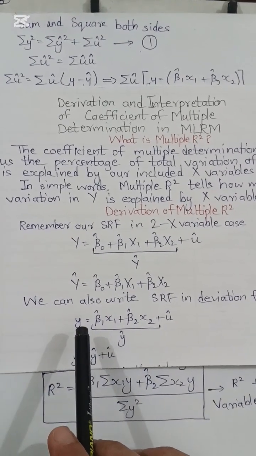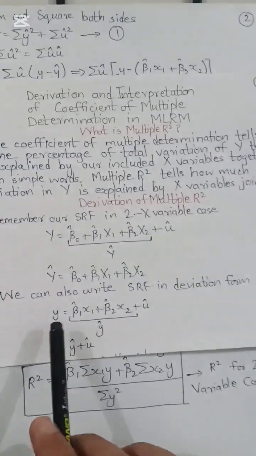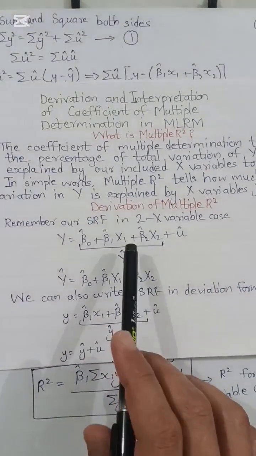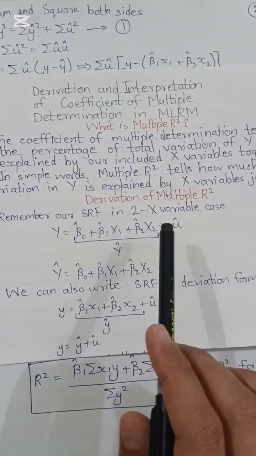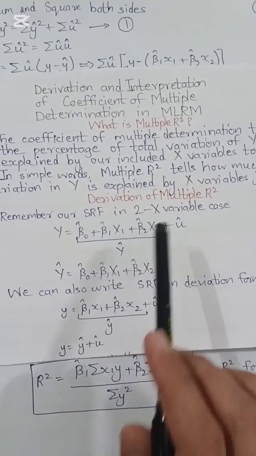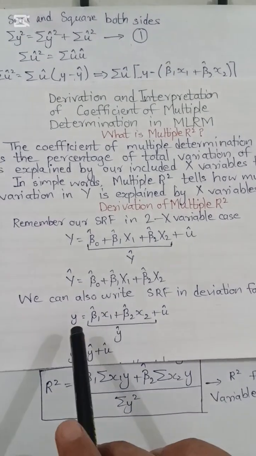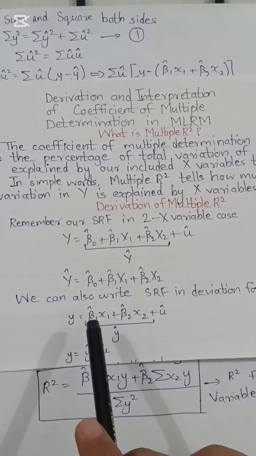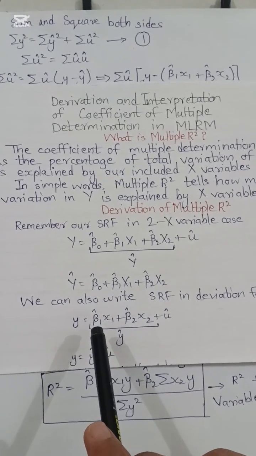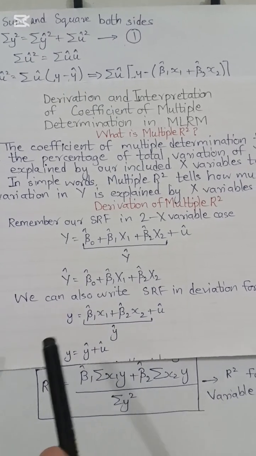This is our sample regression function in deviation form. You can see that it is the same, the only difference is that this is the SRF of the actual data and this is the SRF of the deviation form. In the deviation form there is no intercept. I have proved it in the previous lectures.